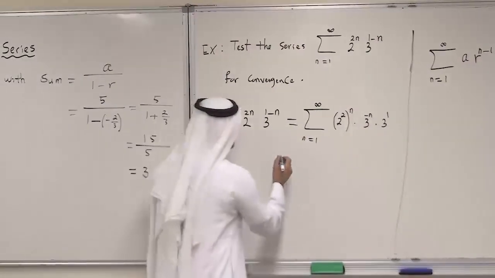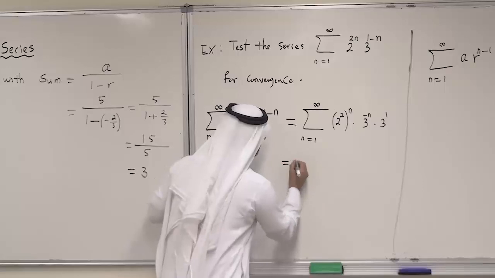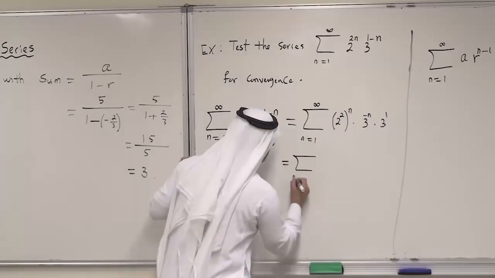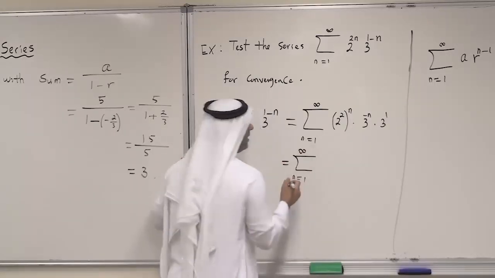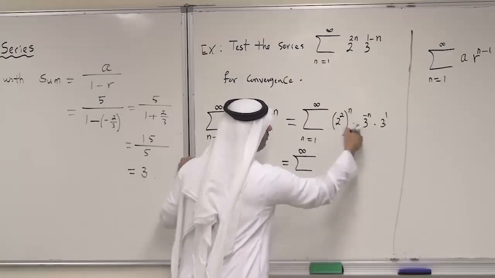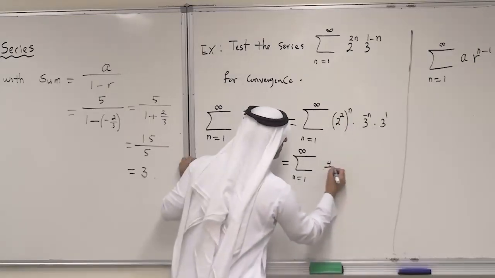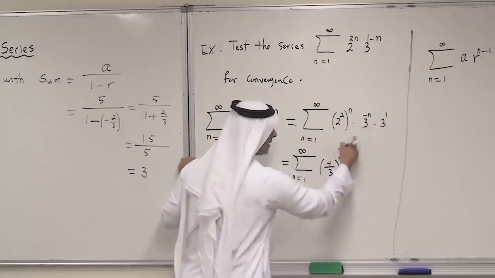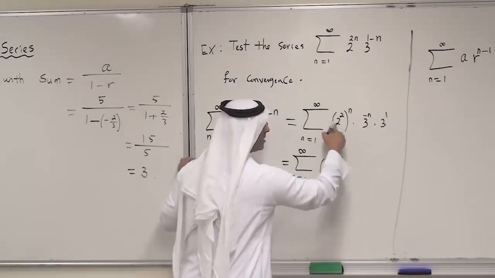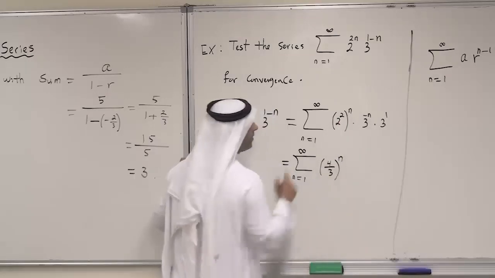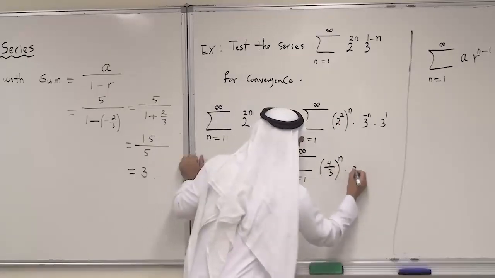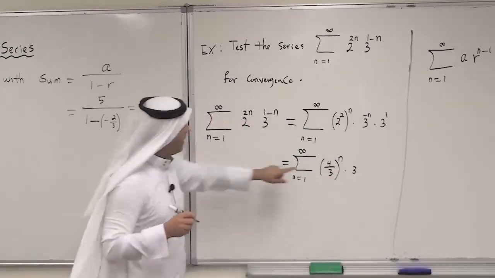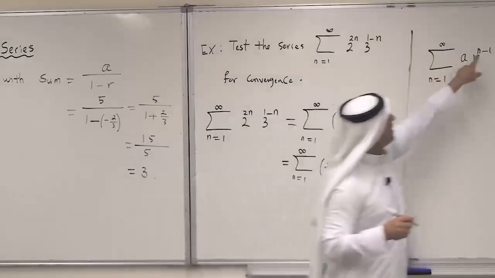Okay, fine. So what is this equal to? This is equal to the summation from n equal to 1 up to infinity of 4 to the n over 3 to the n, so that is 4 over 3 all to the power n, multiplied by 3. Not yet, because I need this one to be to the power n minus 1.